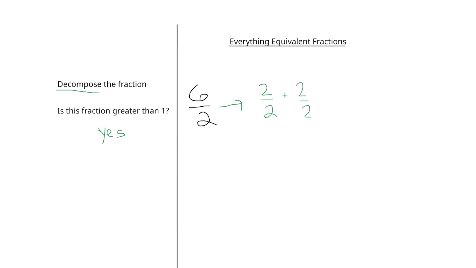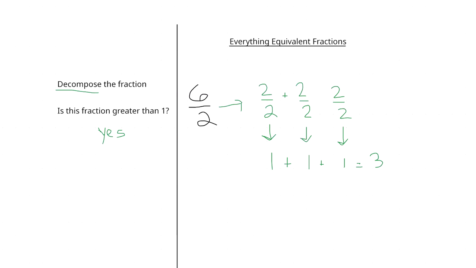And if I pull out one more 2 out of 2, I know that 2 over 2 equals 1. I know that 2 over 2 equals 1. So therefore, 6 over 2 is the same as 3, which is correct because fractions are division problems, and 6 divided by 2 is 3.